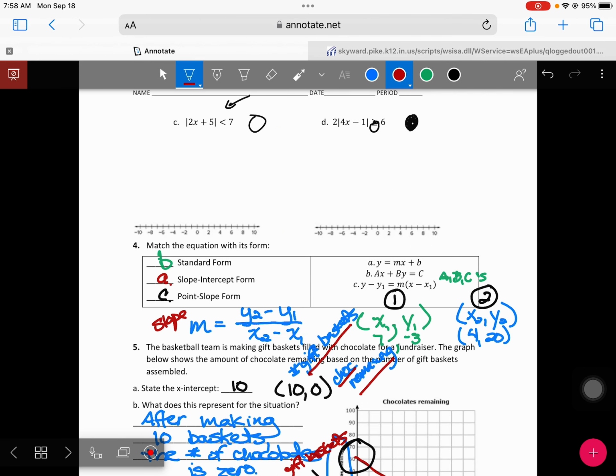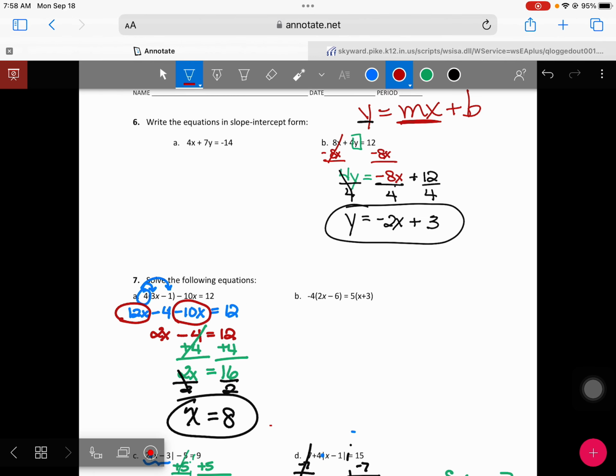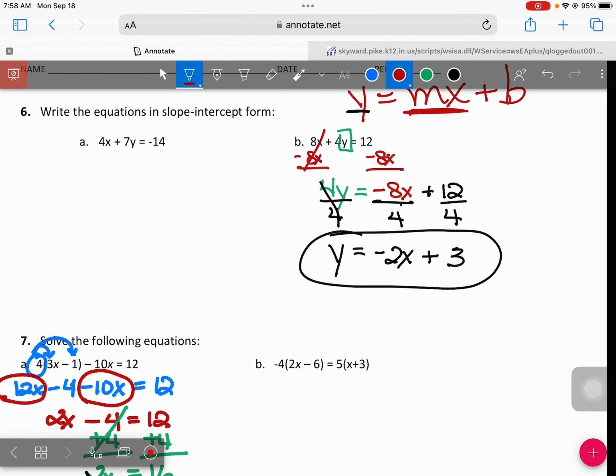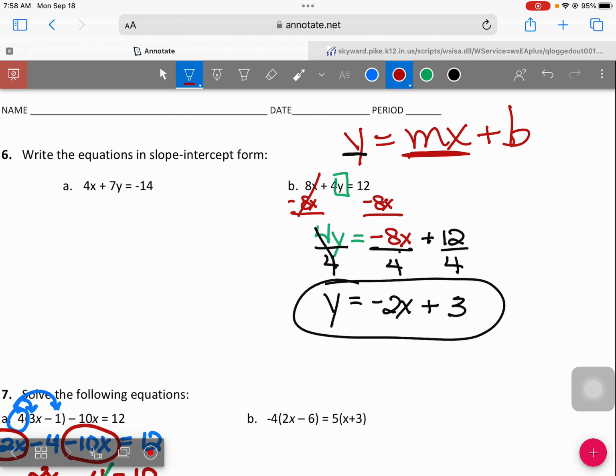6A. Slope-intercept form: I need to isolate the y. So I'm going to rid myself of the 4x by subtracting.